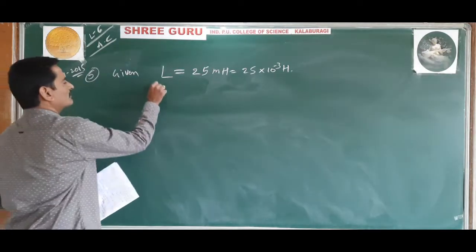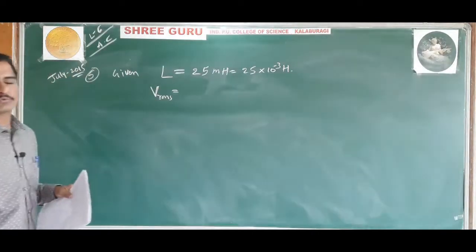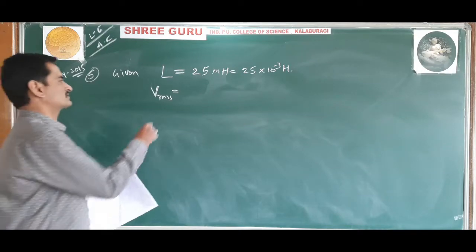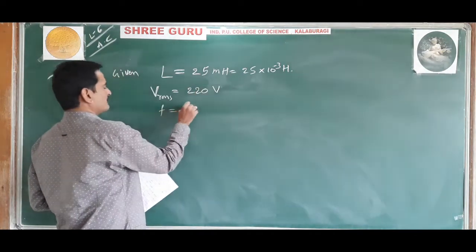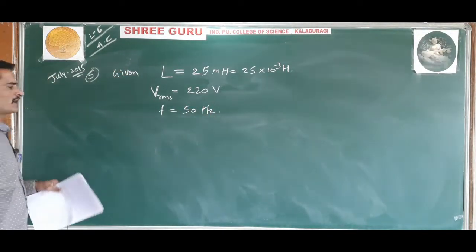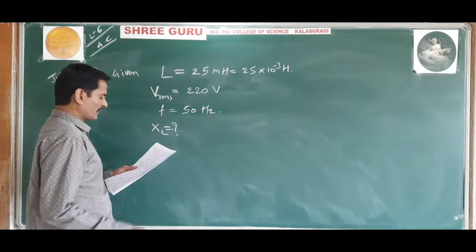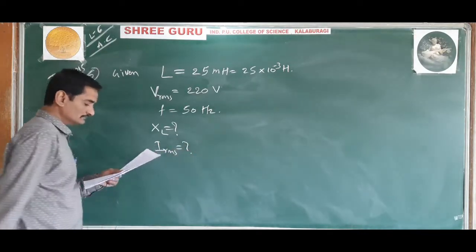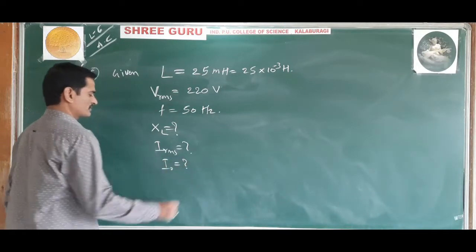If nothing else is told and only the AC supply voltage is given, it means it is the RMS value of voltage, that is 220 volt, and frequency is 50 hertz. Find the inductive reactance, that is XL is equal to question mark; RMS value of current, that is IRMS is equal to question mark; and peak value of current in the circuit, that is I naught is equal to question mark.